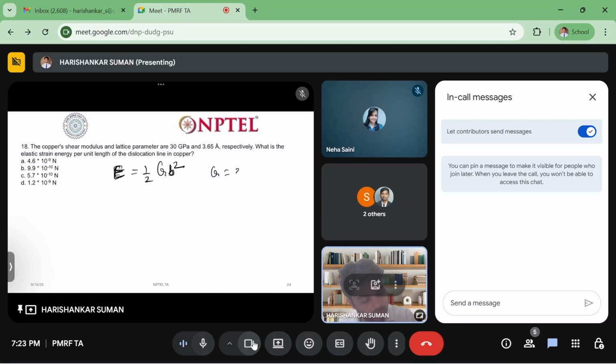G is given, 30 gigapascal, and B you can calculate. For that we have already calculated for copper.